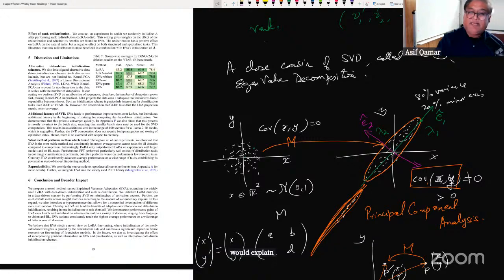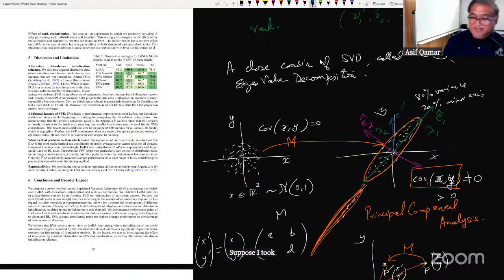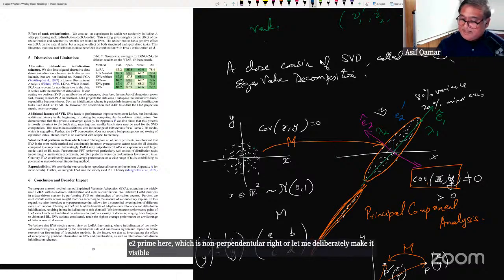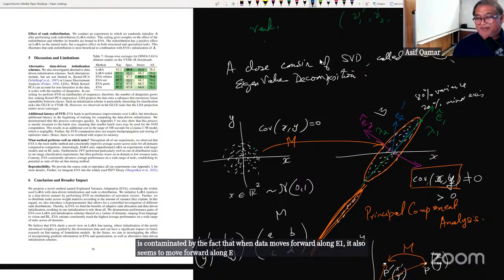Think about it this way. Here's a basic example. Let me choose another color. Suppose I took E2 prime here, which is non-perpendicular. Let's say that it was in this direction, some other direction. Now what happens? The variance of the data in that direction, how important that axis is, is contaminated by the fact that when data moves forward along E1, it also seems to move forward along E2 prime, isn't it?